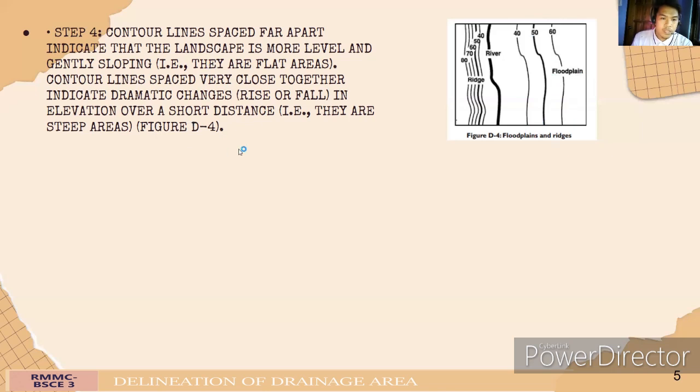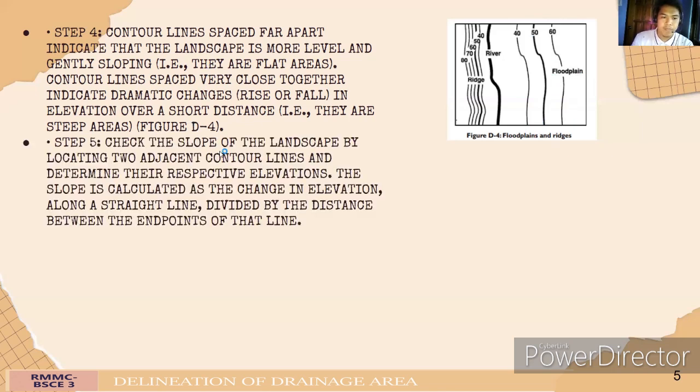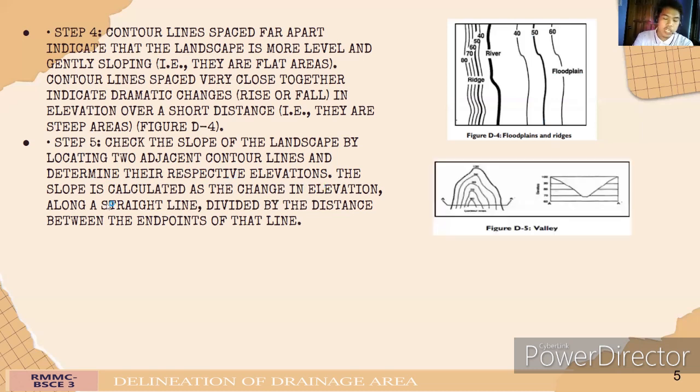So next, check the slope of the landscape by locating two adjacent contour lines and determine the respective elevation. The slope is calculated as the change in elevation along the straight line divided by the distance between the endpoints of a line. So for example, this is a valley.